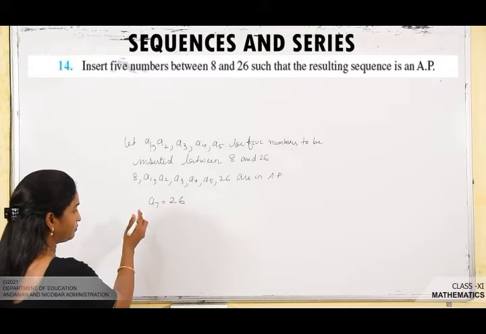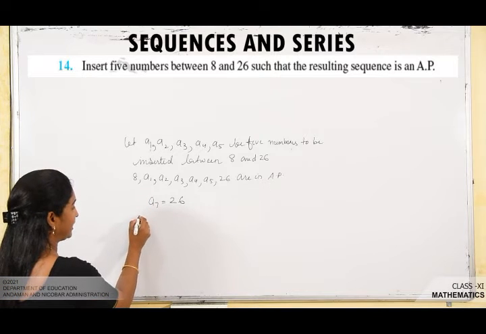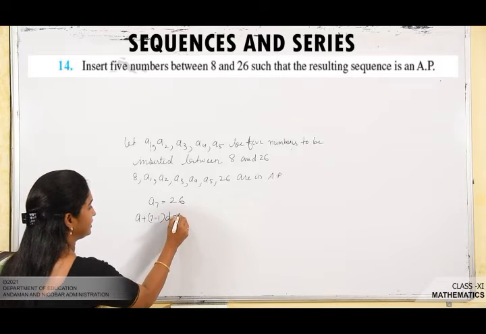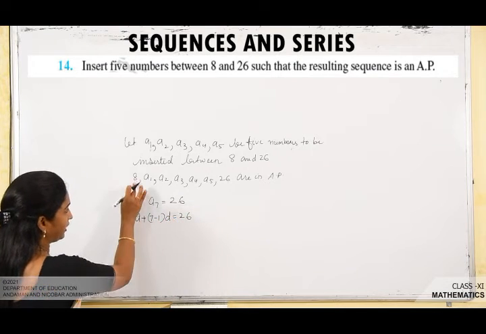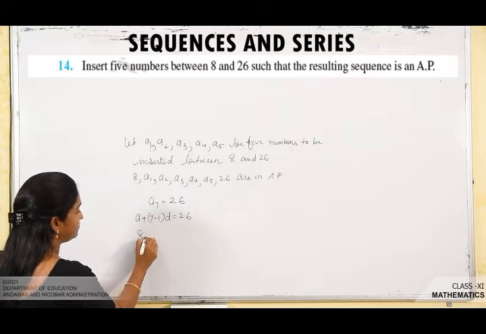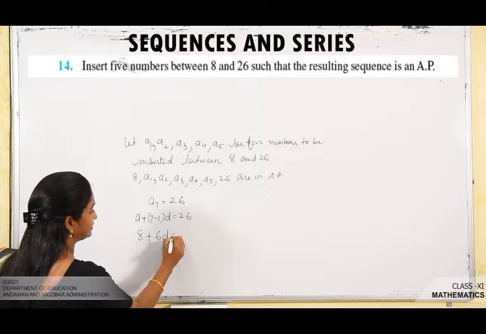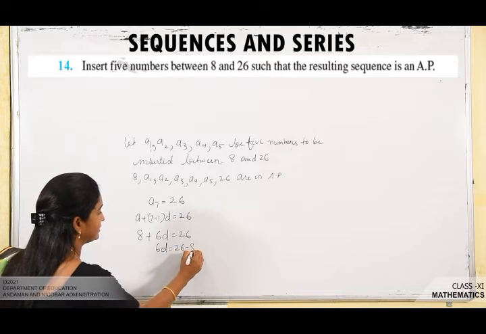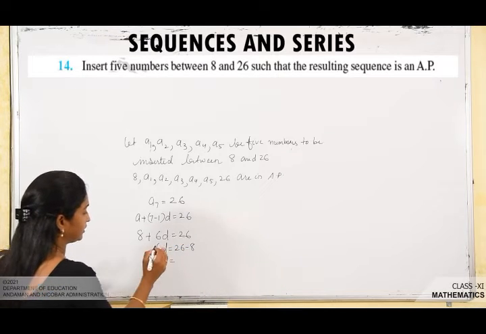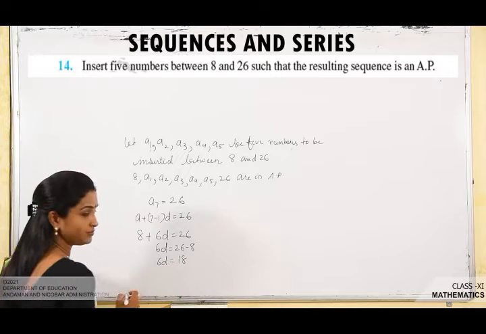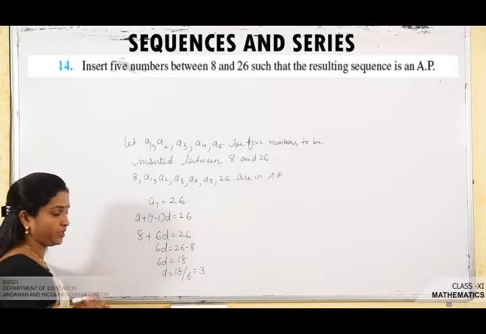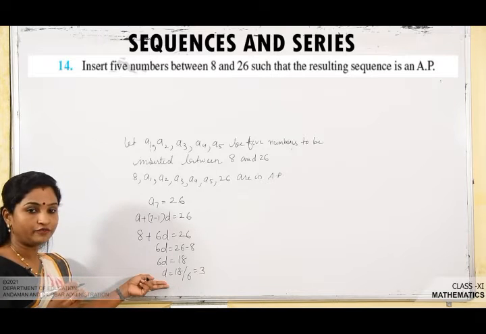When you apply the formula, we know that A7 is A plus 7 minus 1 into D, is equal to 26, where the value of A is 8. So 8 plus 6D is equal to 26. Now get the value of D from here, 26 minus 8. So 6D is equal to 18. So D will be 18 by 6, which is 3. So you got the value of D as 3.